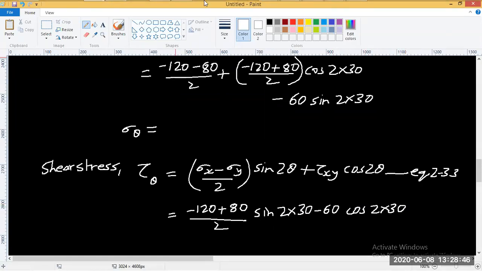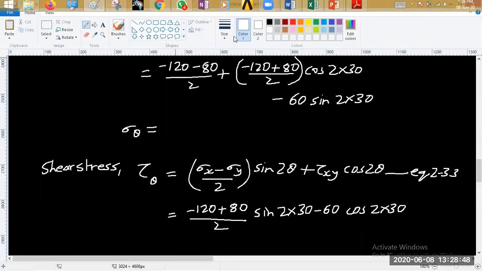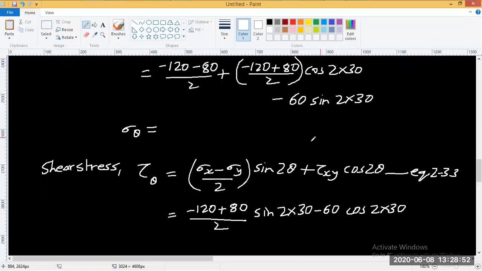So again, direct substitution. You can try to find out the value in the calculator. 161.96. I think this works out. 161.96 newtons per mm squared. So this is the normal stress value.